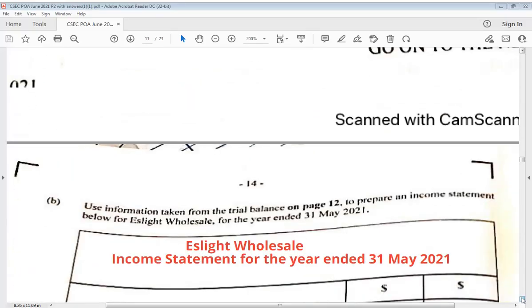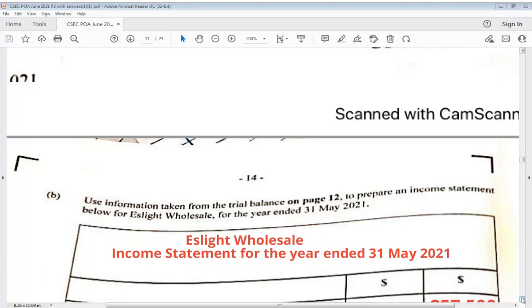It says use information taken from the trial balance on page 12 to prepare an income statement below for S-Lite Wholesale for the year ended 31st of May 2021. So we know our income statement, or in other words, our trading profit and loss account, same thing.